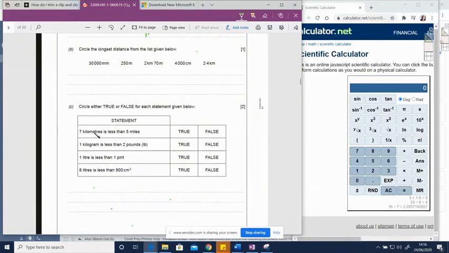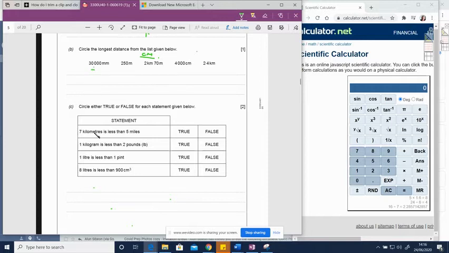Part B, circle the longest distance from the list given below. So again, we'll have to change them all to the same units. And here I'm going to change them all to centimetres. So this first one, 30,000 millimetres. Well, I know there's 10 millimetres in a centimetre.